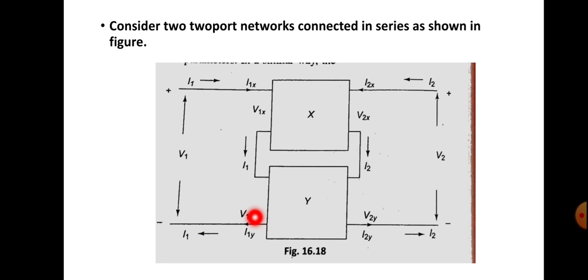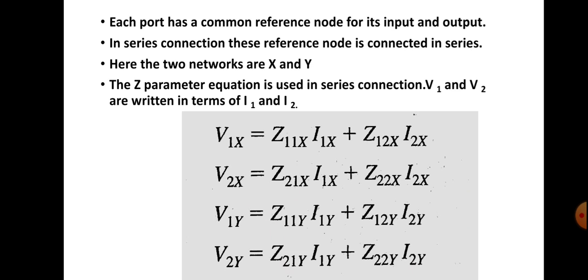Okay, so let us write the equations for this. Usually for the series connection, we will be using impedance parameter representation, and for parallel connection we will be using admittance parameter representation. So here we will be using impedance parameters, or Z parameters.